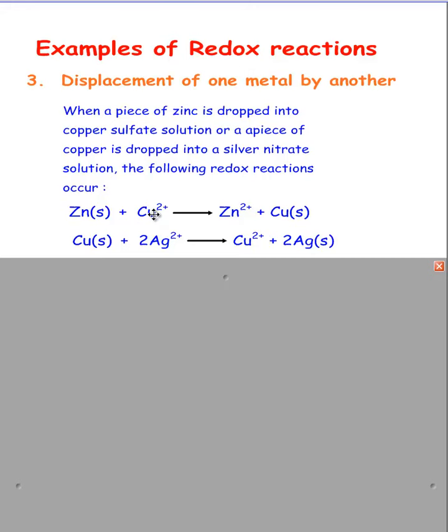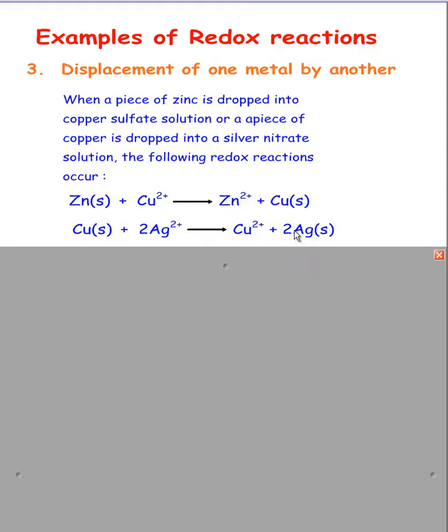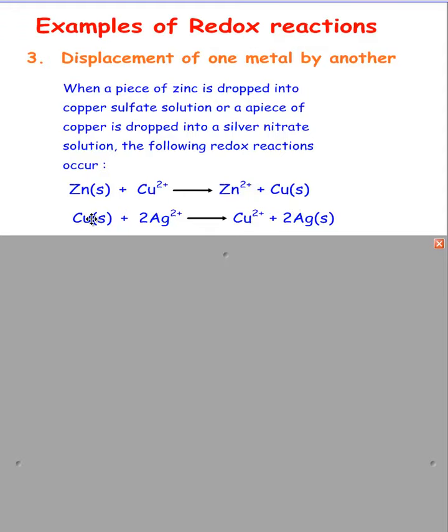So the copper ions accept 2 electrons from the zinc, which becomes zinc ions. The copper ions here become copper. And here we've got copper giving 2 electrons to become copper ions, and the silver ions collecting the 2 electrons to become silver.